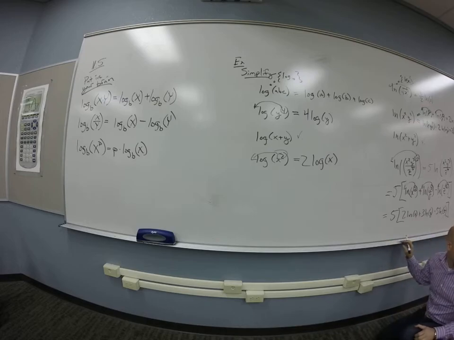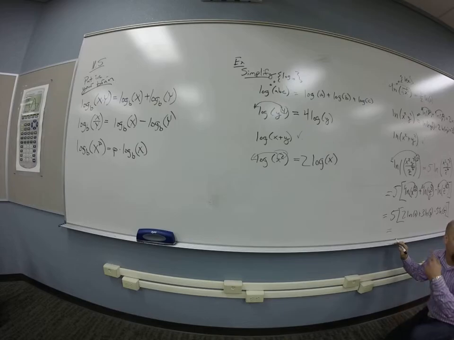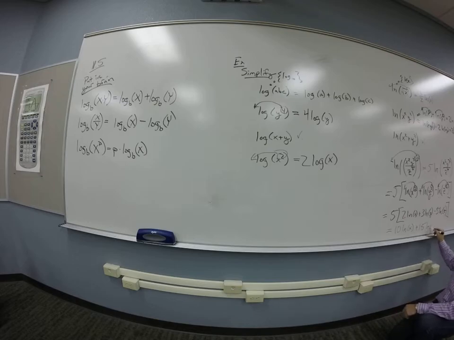If you really wanted to, you could distribute the 5. If we really wanted to get super crazy, we could distribute the 5 through. So we get 10 log of x plus 15 log of y minus 25 log of z.